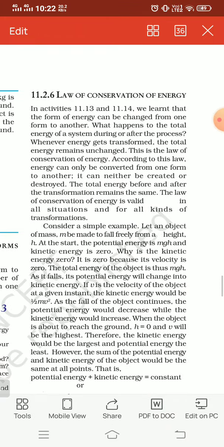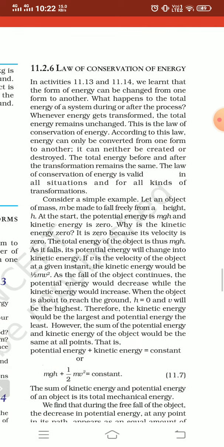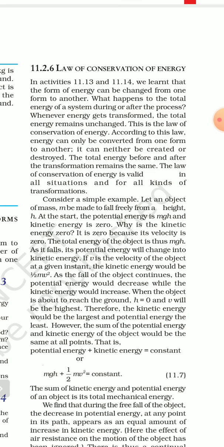Now 11.2.6, law of conservation of energy. If you remember, we learned the law of conservation of mass in our lecture. In that lecture we learned that mass cannot be destroyed or created.